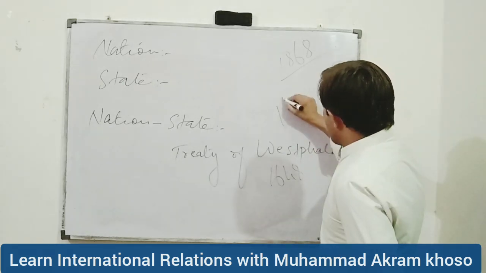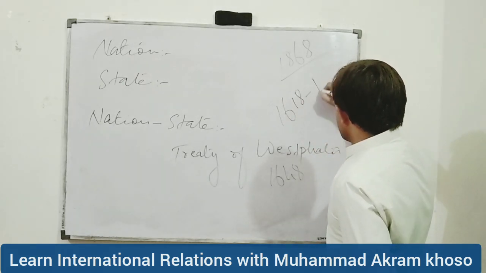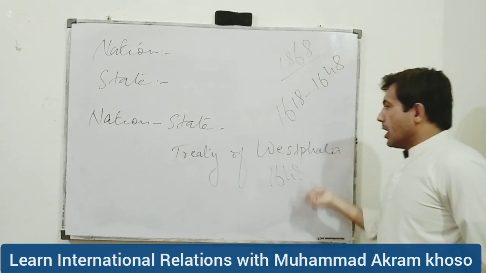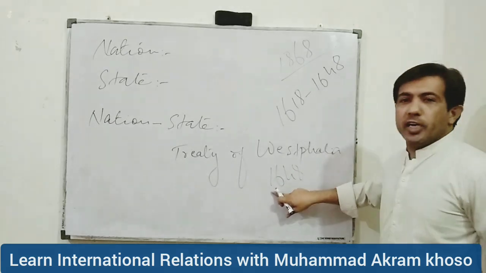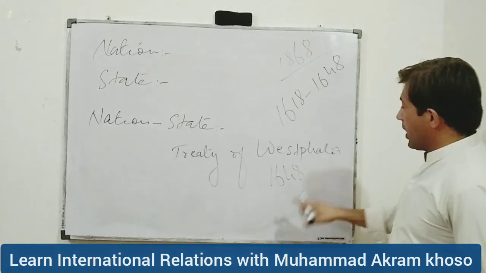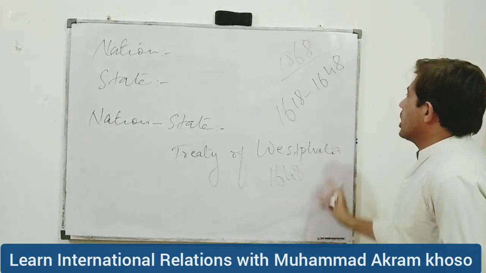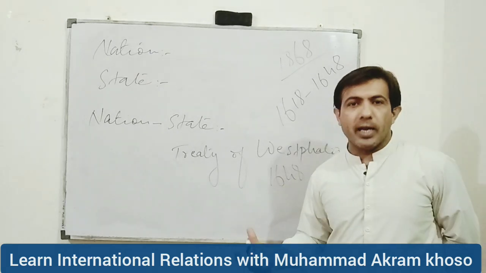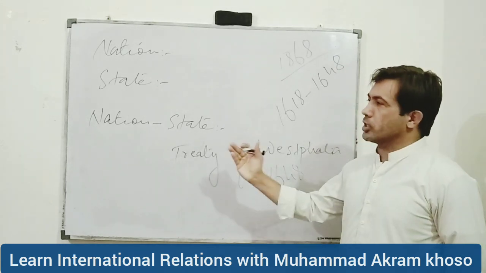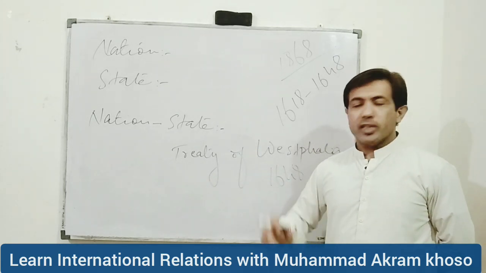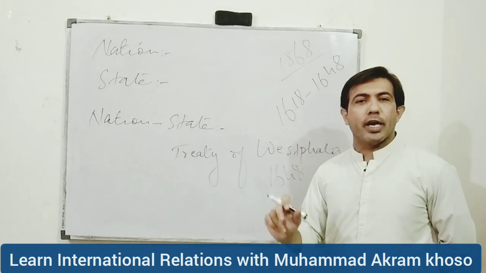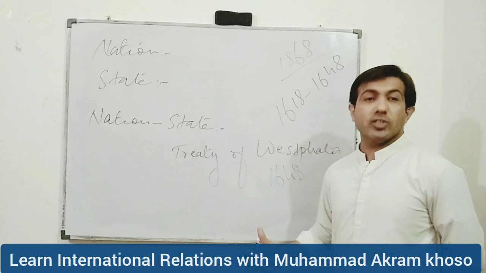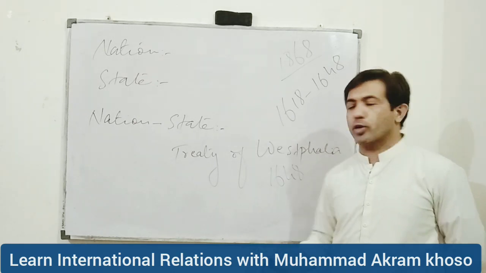For 30 years, from 1618 to 1648, religious wars were fought there, and they came to an end with the Treaty of Westphalia. Westphalia is the northwestern part of Germany, on the German boundary with Netherlands and Belgium. The famous city of Bonn is also in Westphalia.